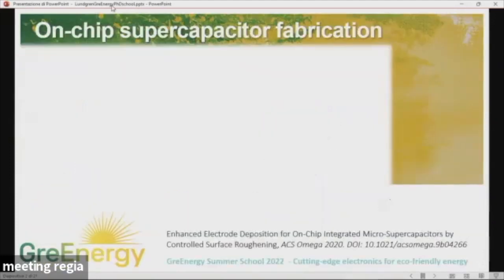So one way of storing energy is to use some form of capacitor. So the way we envisage to fabricate, manufacture such capacitors, which at the same time might be fabricated in a similar way as the kind of devices we have seen examples of here, would be to do it somehow on chip.